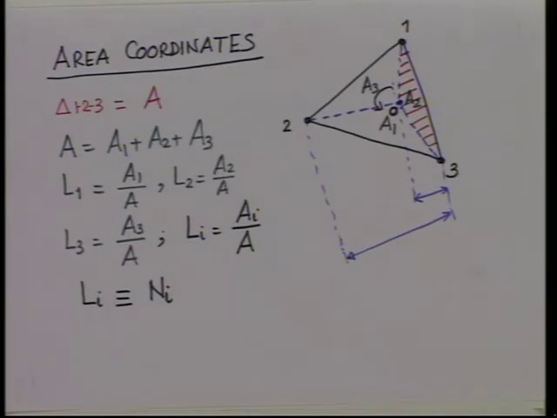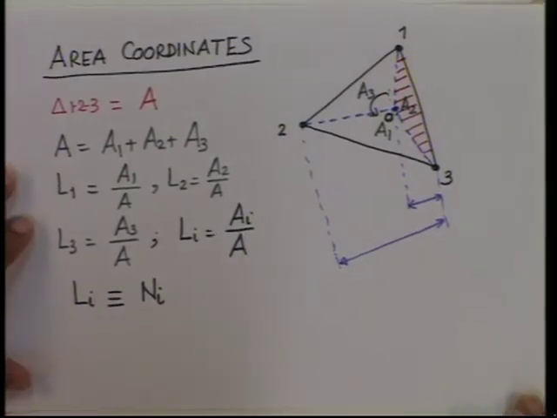By doing this, we have got that L_i and N_i are the same. So, these ratios are called area coordinates, and they have been helpful.